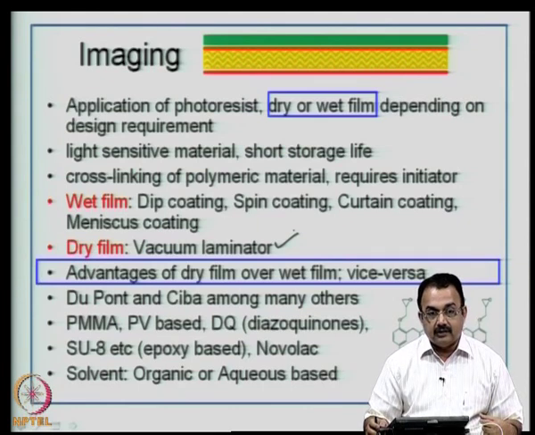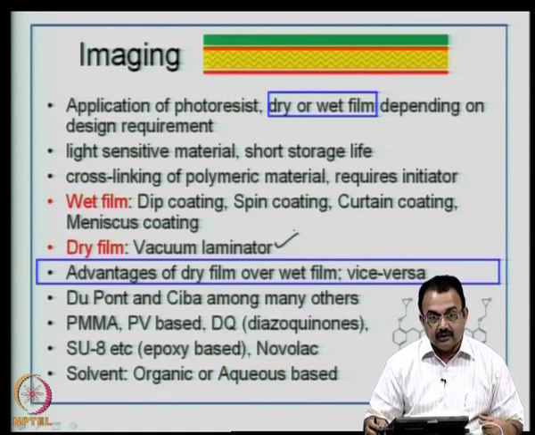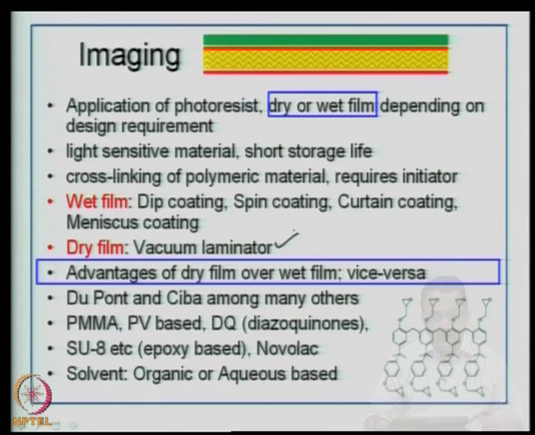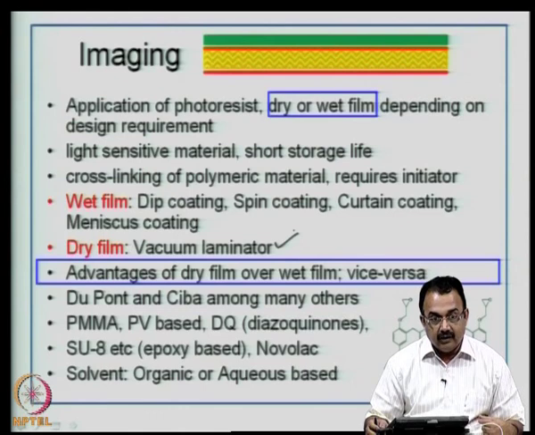There are many companies today, some of the leading names are DuPont, Ciba, among many others, which manufacture photoresist material in very large quantities for the semiconductor industry as well as the PCB industry. Some of the common organic names are polymethyl methacrylate, polyvinyl based, diazoquinones and so on.